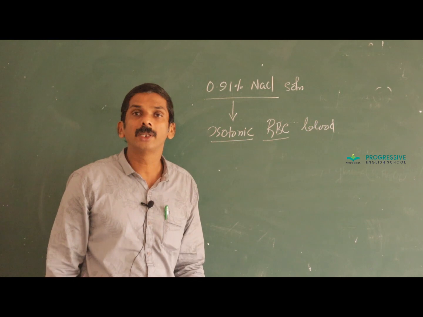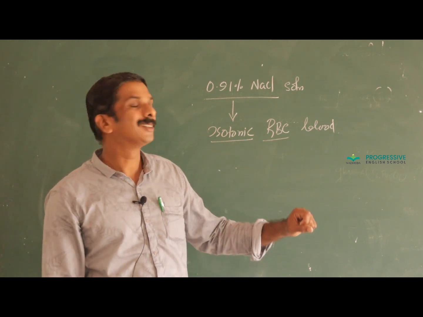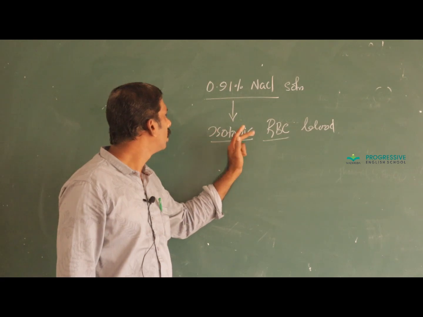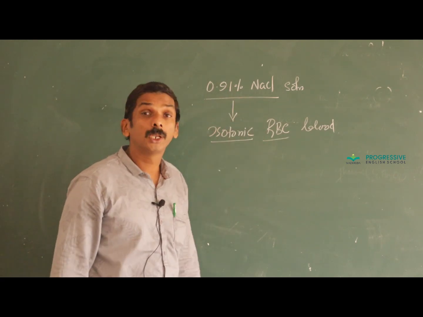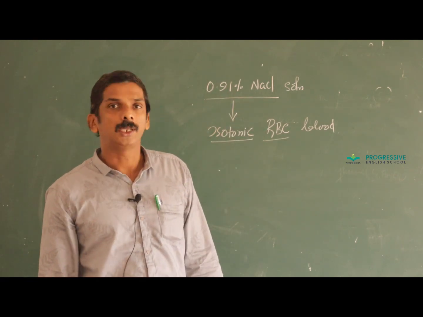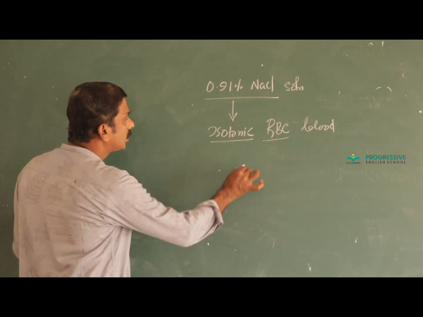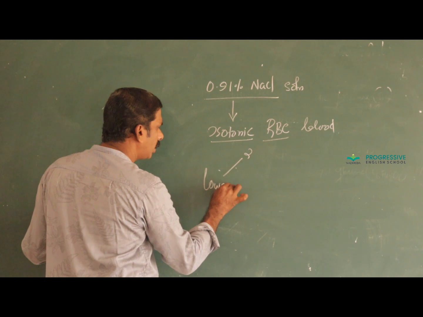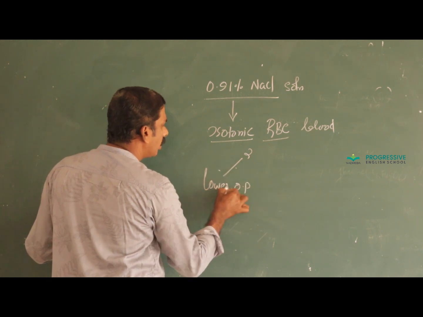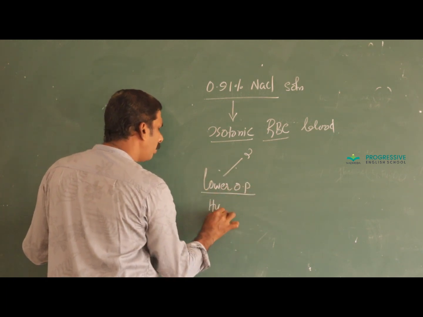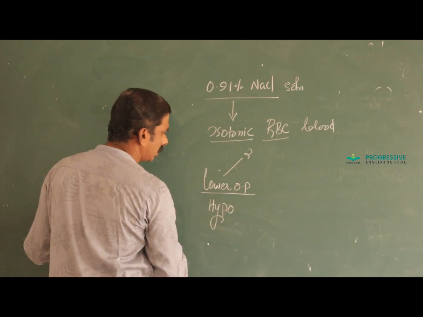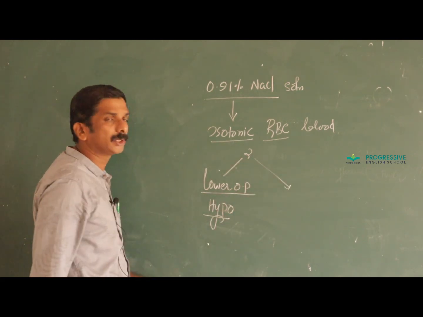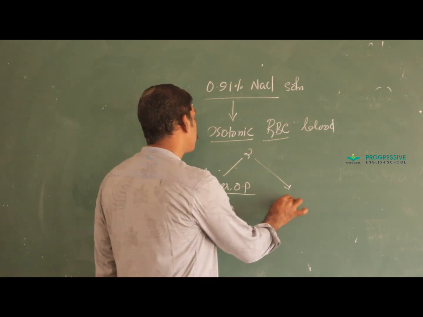Therefore, during intravenous injection, the medicine is mixed with this 0.91% or 0.16 molar saline solution. And out of two solutions, the one having lower osmotic pressure is termed a hypotonic solution, and the other having higher osmotic pressure is hypertonic.